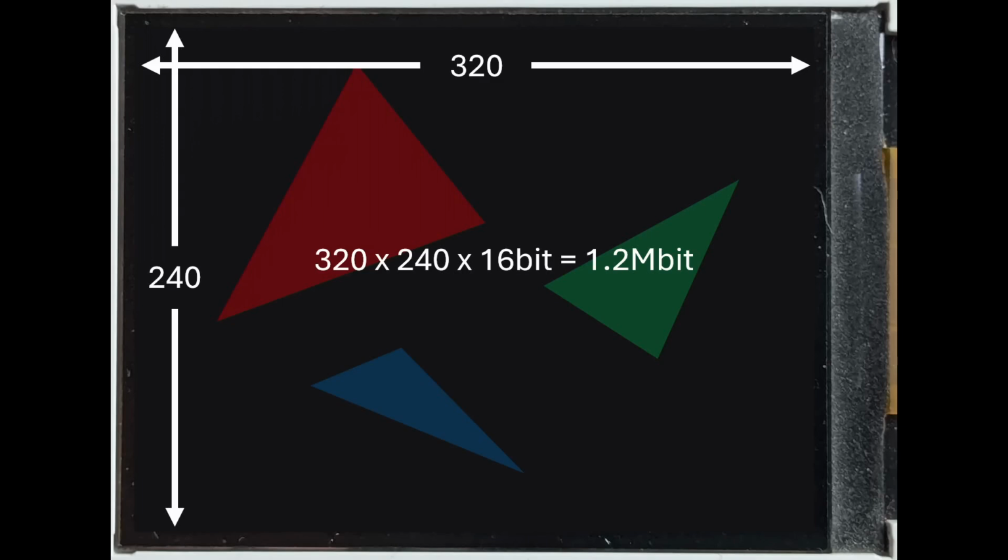That's 1.2 megabit. For the FPGA, that's actually quite a lot. More importantly, we also need a lot of bandwidth for that. If we want to produce 60 frames per second, we'll need that amount of data 60 times per second, twice, once for writing and once for reading. And that's the minimum.